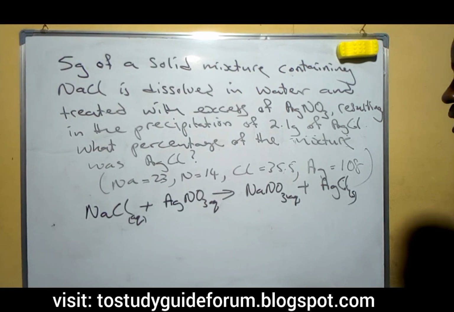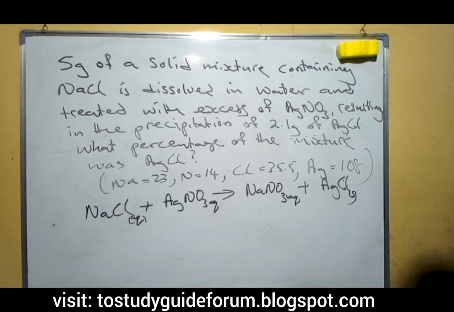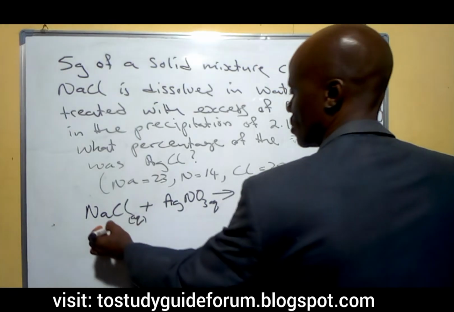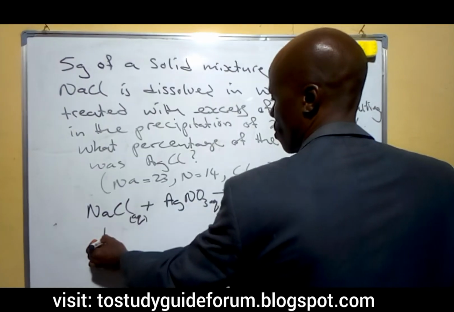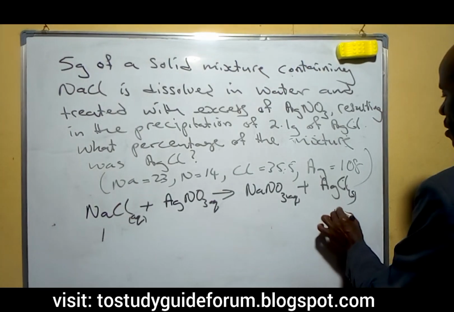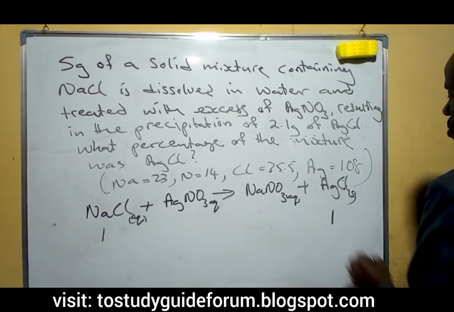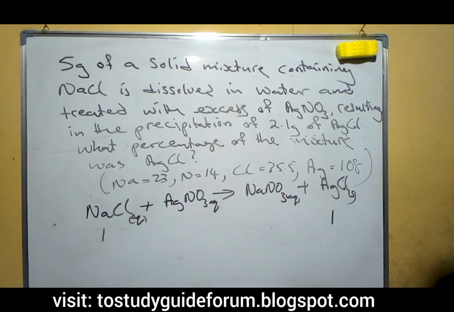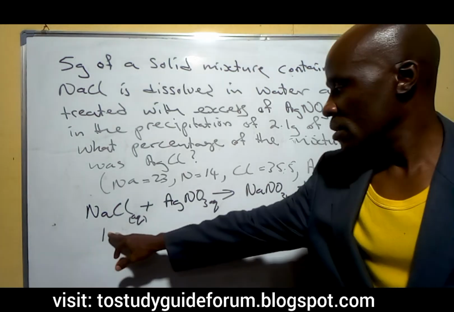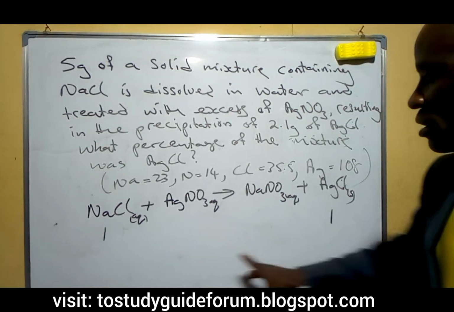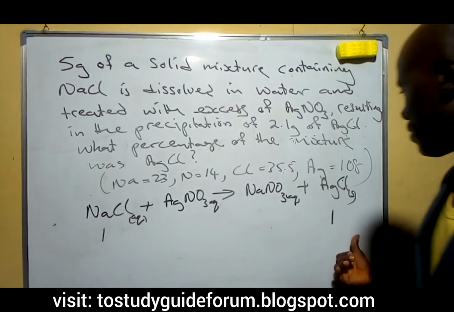If you look at the chemical equation, you can see that according to the stoichiometric coefficients of this reaction, sodium chloride is 1 mole and silver chloride is 1 mole. So that is the main thing we are looking at. We are looking at the relationship between the mass of this and the mass of that.